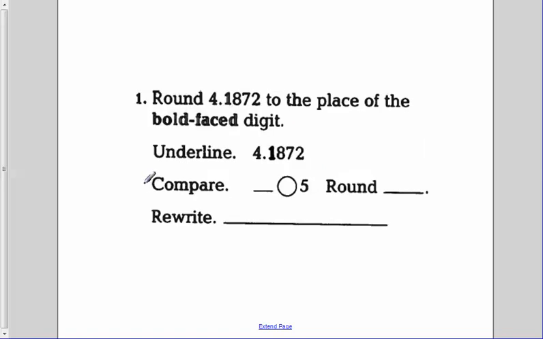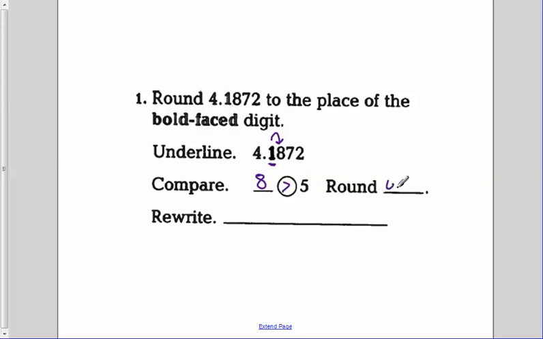So let's try and practice this ourselves. So we're going to round 4 and 1,872 ten thousandths to the place of the bold-faced digit. And our bold-faced digit is this 1. So if we look at the digit to the right, which is an 8, well, comparing 8 to 5, 8 is greater than 5.